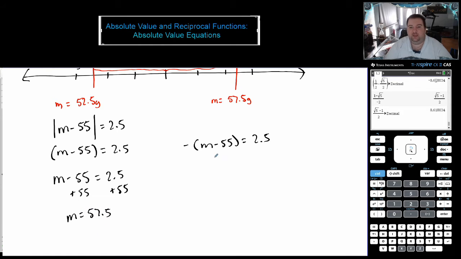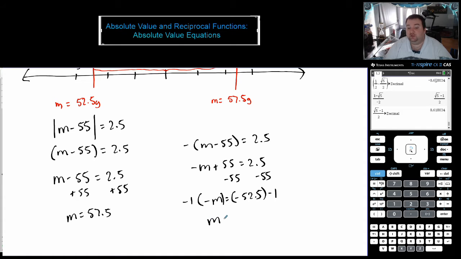And now we have M equals 57.5. Okay, and here we're going to have negative M plus 55 equals 2.5. We're going to subtract 55 from both sides. So we'll have negative M equals negative 52.5. And we're going to multiply both sides by negative 1.